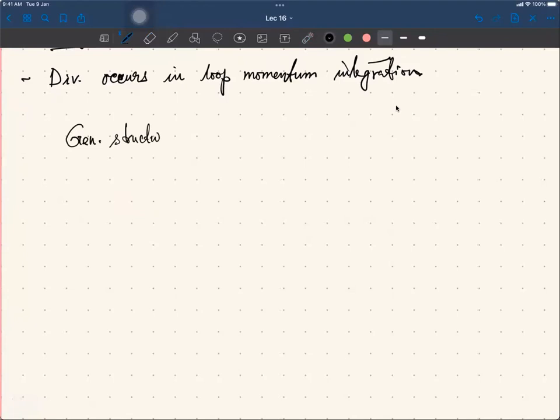This is how such a divergence appears: you have a loop, and that loop is part of the entire graph, and therefore is connected to the graph through certain vertices. The number of vertices, say 1, 2, and so on, up to say p vertices.